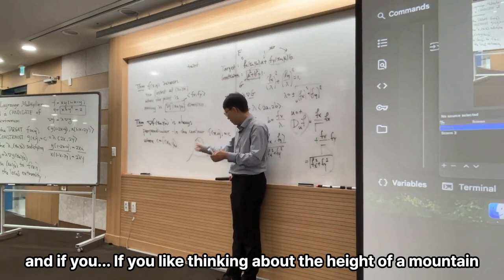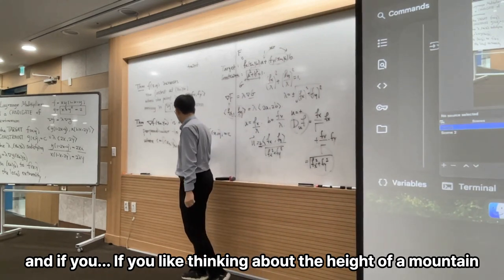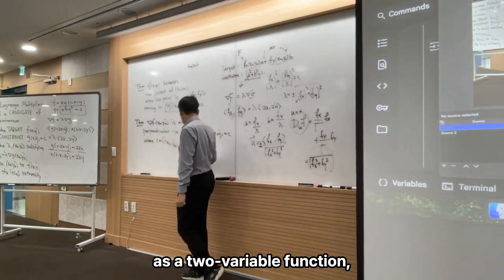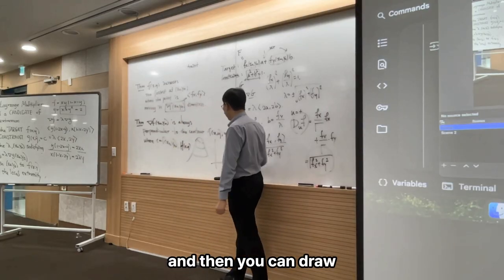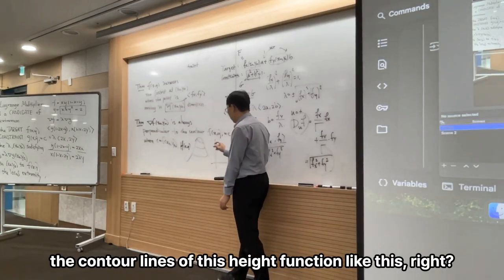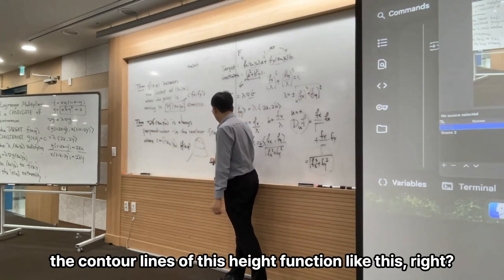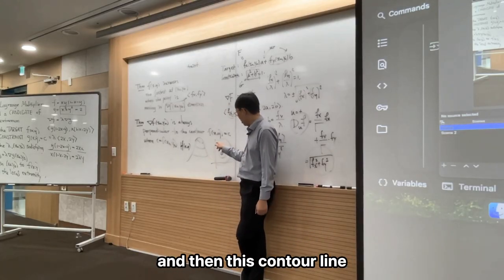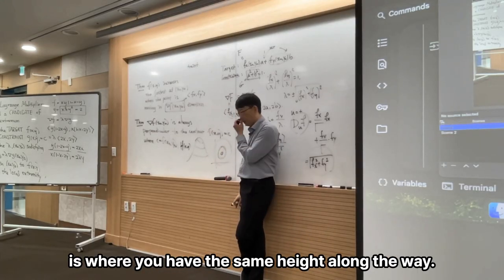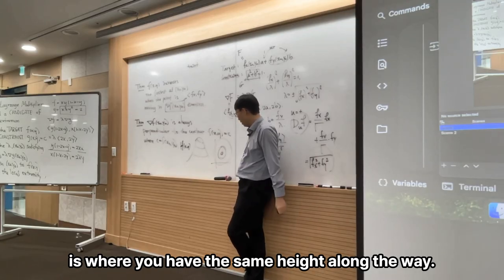And if you're thinking about the height of a mountain as a two-variable function, so let's say height h here, you can draw the contour lines of this height function like this, right? So you have the highest point of your mountain right here, and this contour line is where you have the same height along the way.